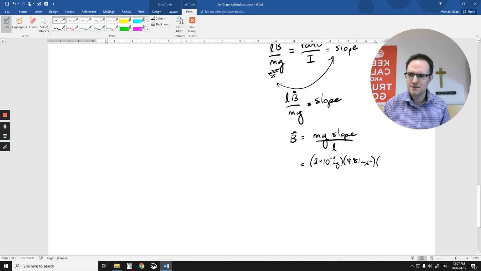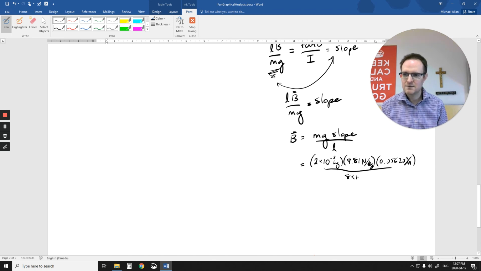I like that, actually. I'm going to use the newtons per kilogram for this one. And my slope, what I calculated to be 0.05625, per ampere. And then I'm going to divide this all by that 8 times 10 to the negative 2 meters, or the 8 centimeters.